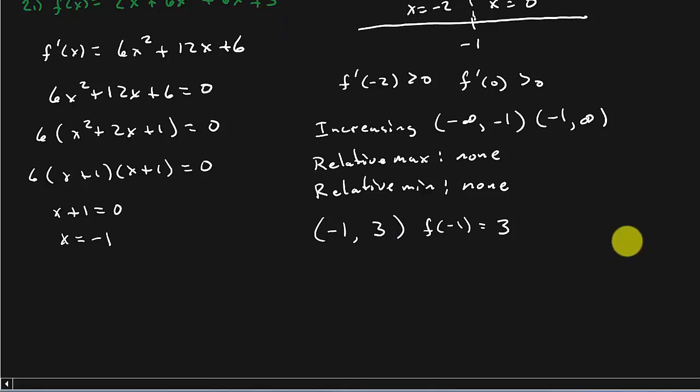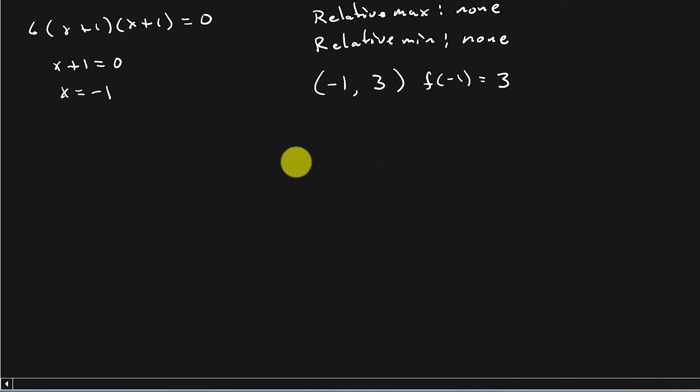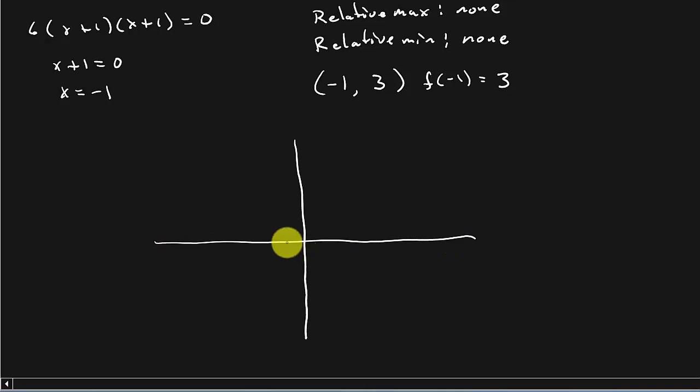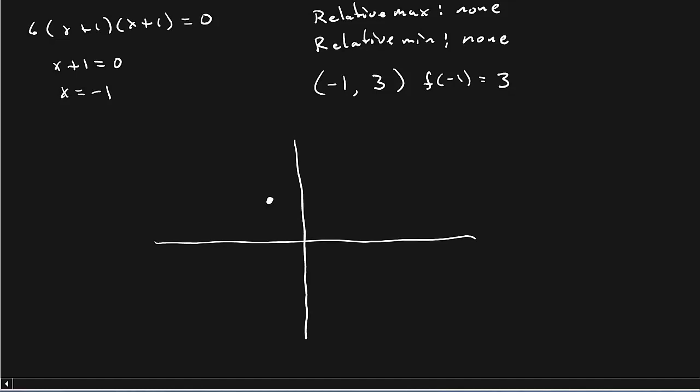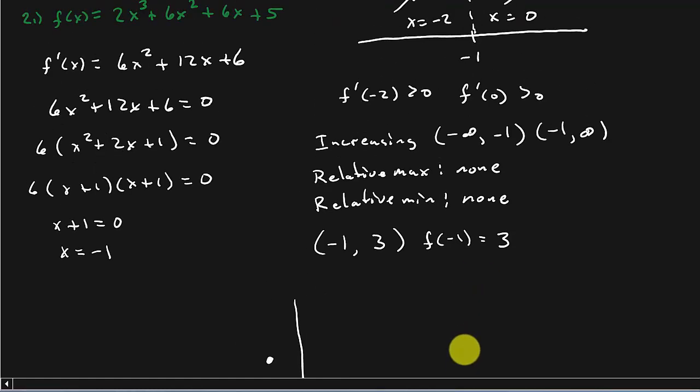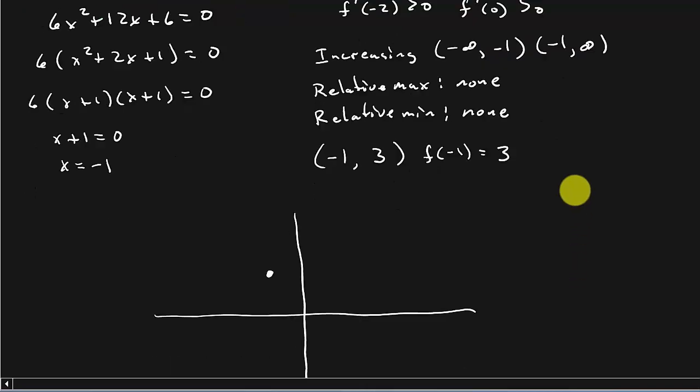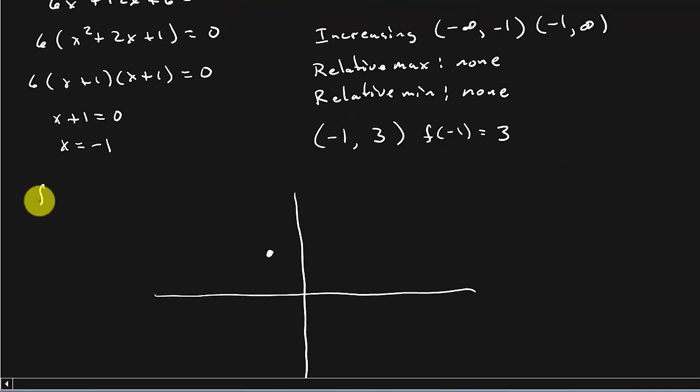We're just working them. All right, so let's see what we've got here on the graph. So I've got -1, 3, which we'll say is about right there. So we got that one point. If you want to, you could get another point. And a point that would be easy to get is f of 0.